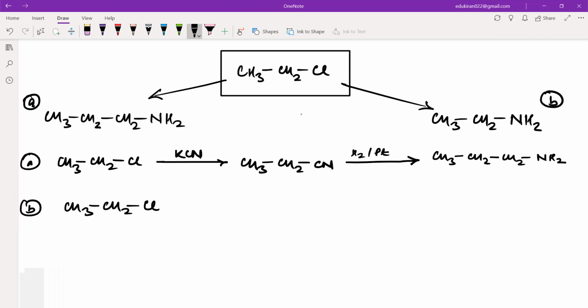Okay, and for the B, we have CH3CH2Cl, right? So you'll do the Gabriel phthalimide synthesis, right? Gabriel synthesis.